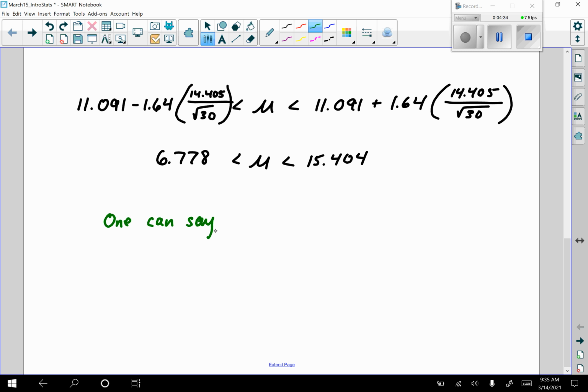And it always starts with, one can say with 90%, whatever confidence level we're dealing with, and in this case, 90% confidence, that the population mean will be between these two values.